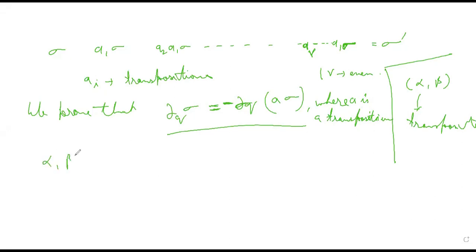Suppose that we have the following transposition, alpha beta, and alpha is less than beta. You can always assume this, because otherwise you can write beta alpha. Now alpha beta, you can always write like this.